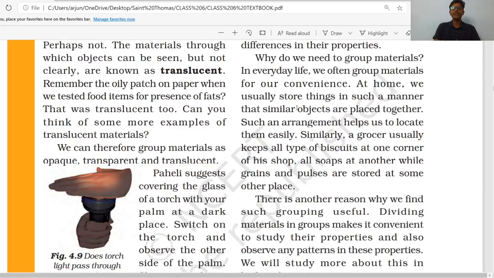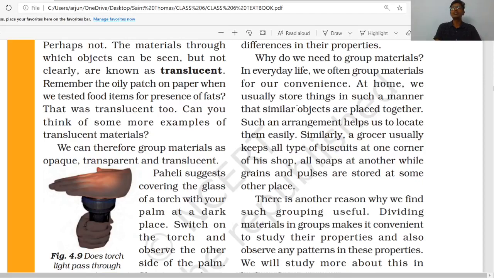In everyday life, we often group materials for our convenience. At home, we usually store things in such a manner that similar objects are placed together. Such an arrangement helps us to locate them easily. Okay, the food items and the items needed to cook food are kept in the kitchen, not everywhere in the house.